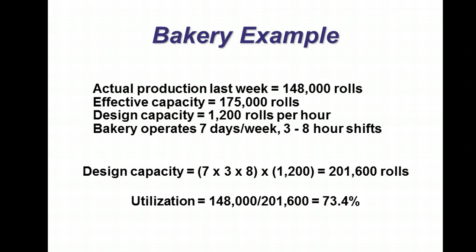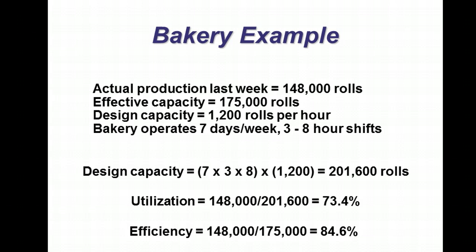So 73%, you're working pretty hard, and it says you're only doing a 73% job. That doesn't sound very good. But when measured on efficiency, which is the realistic measure that takes into account constraints, 148 divided by 175 gives you nearly 85%. So anyway, there are different ways to measure capacity in terms of performance.